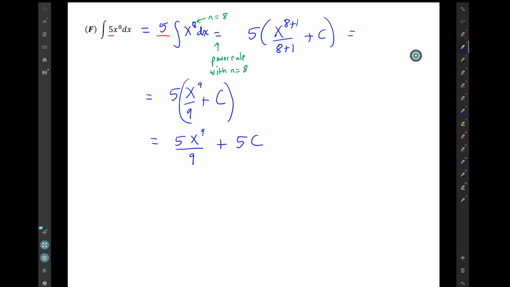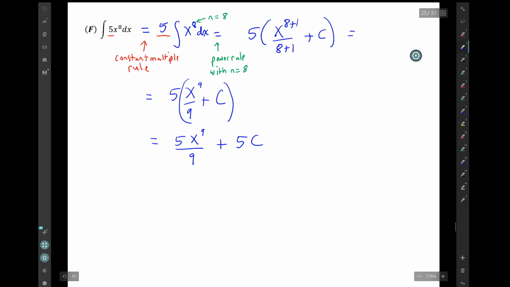When we move the constant 5 outside the integral using the constant multiple rule, we end up having the 5 in front of these parentheses, where we're going to put the result of doing that indefinite integral of x to the 8th.